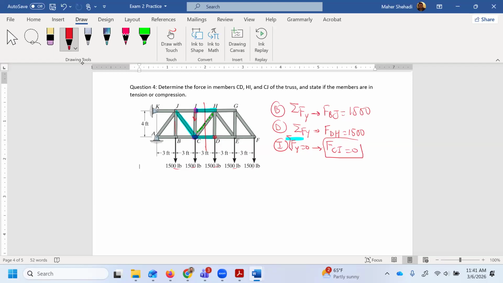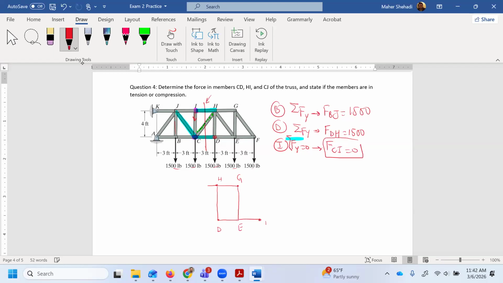Now let's take the section. Let's follow this line. And I don't want to solve for the support forces, so I'm going to take the right side section. So that's H, G. I will move down D, E. I'll connect these.